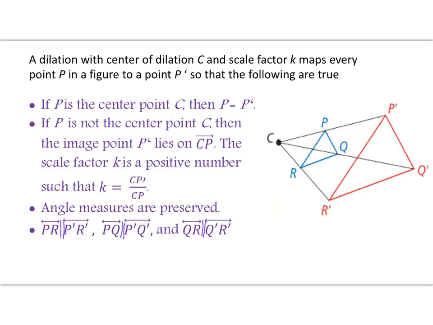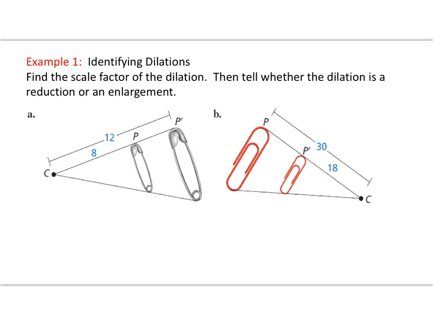Line PQ and line P prime Q prime are parallel, and line QR and Q prime R prime are parallel.